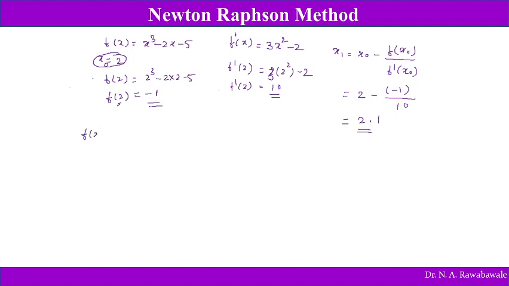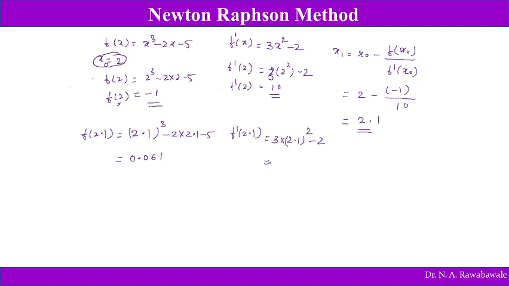Now if we substitute 2.1 in this function, f of 2.1 is equal to 2.1 to the power of 3 minus 2 into 2.1 minus 5, then we get f of 2.1 as 0.061. And f dash of 2.1 is 3 into 2.1 square minus 2.